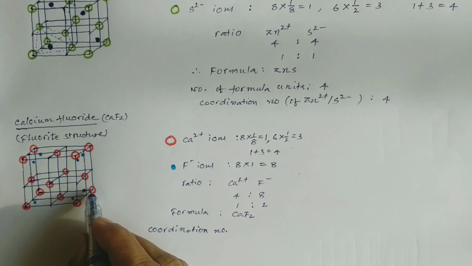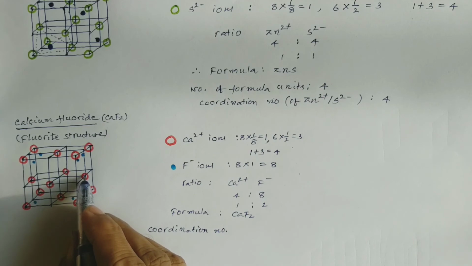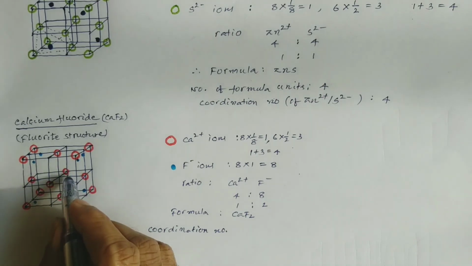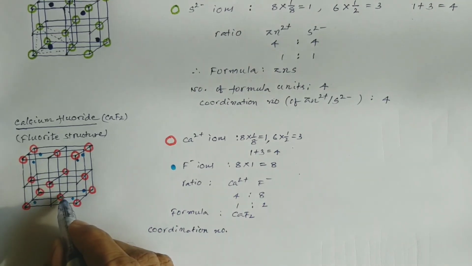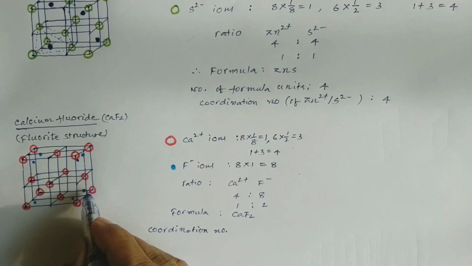And what are the nearest faces to it? This is one nearest face, right? And the other one is this one, the second one, and one more face is this, right, at the bottom. So that means these 4 atoms will form tetrahedral voids in which fluoride ion is present.